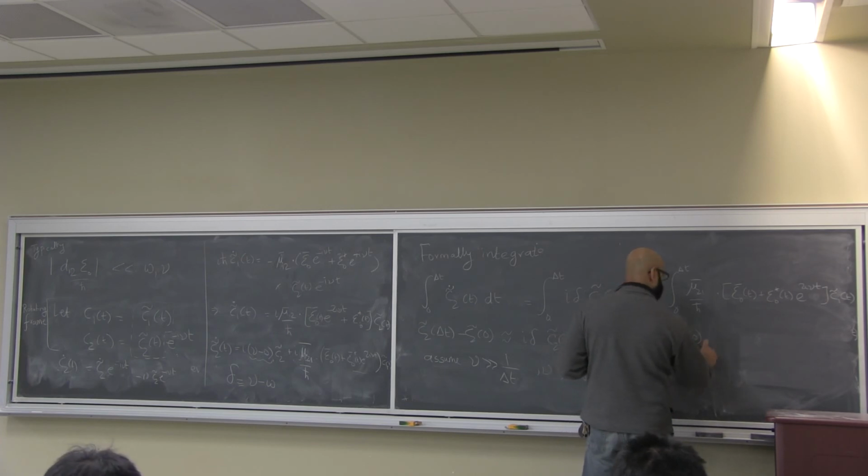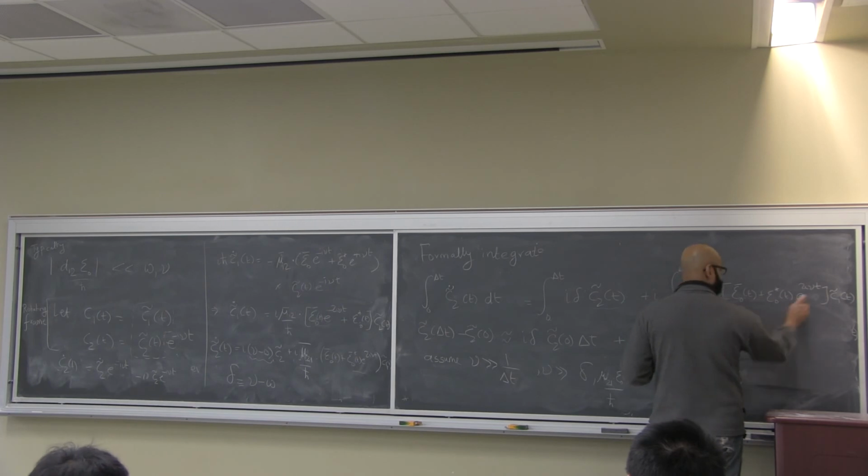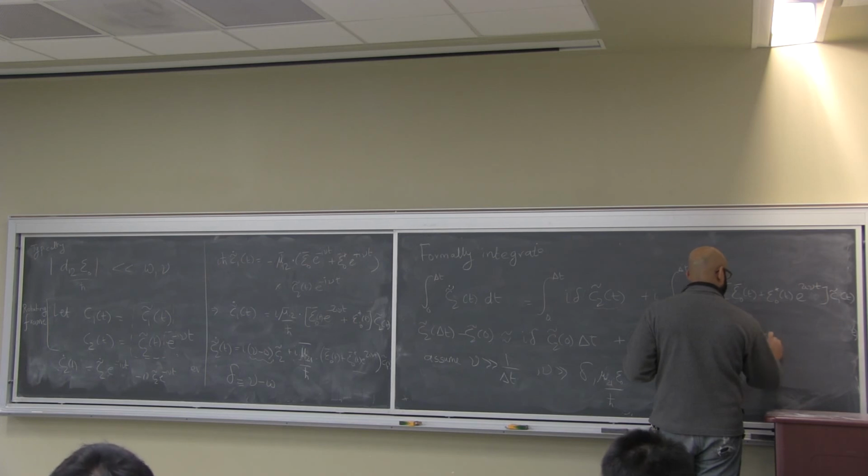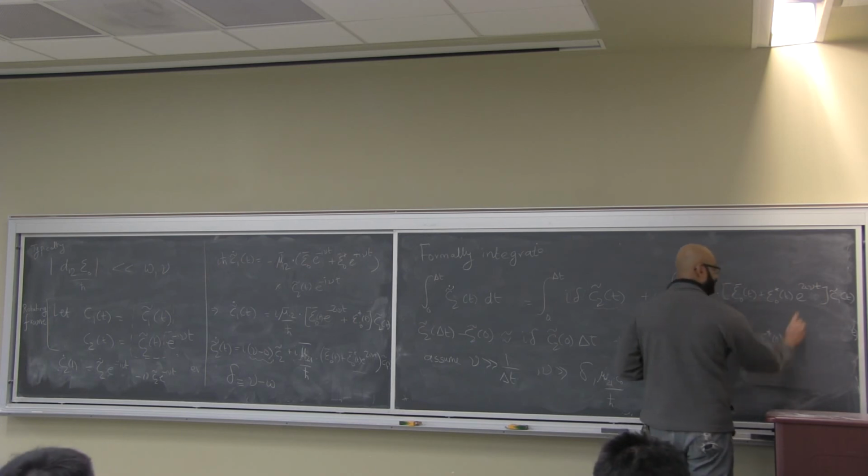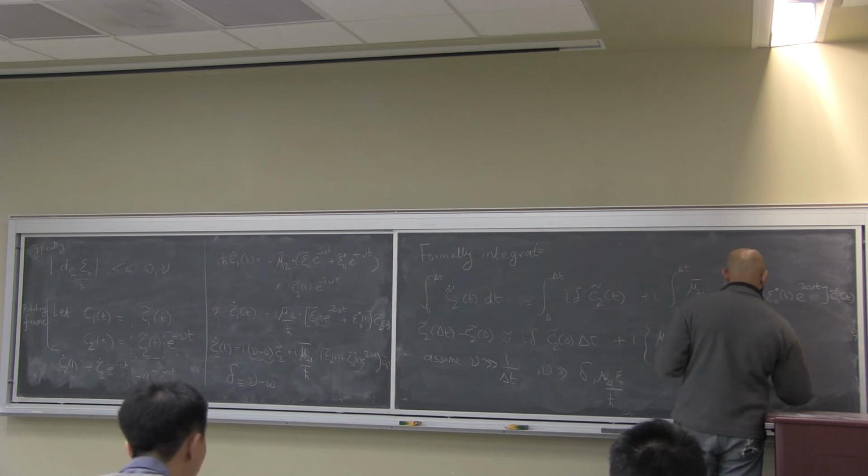Divided by h bar times again delta t plus, now this term though, right, I'm going to have to worry about it because it has some variation over the time scale delta t. So I have to keep it in mind. So I cannot neglect its variation. So I integrate just that term, okay, e to the 2i nu t.